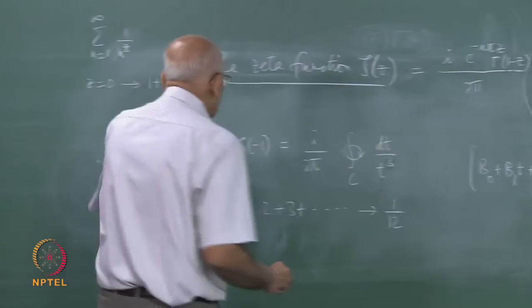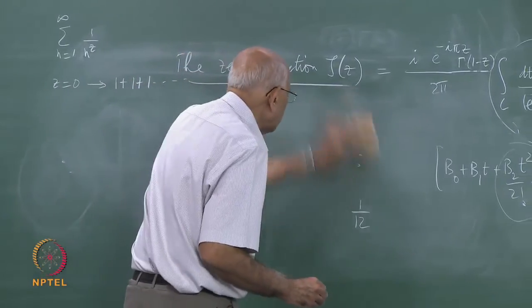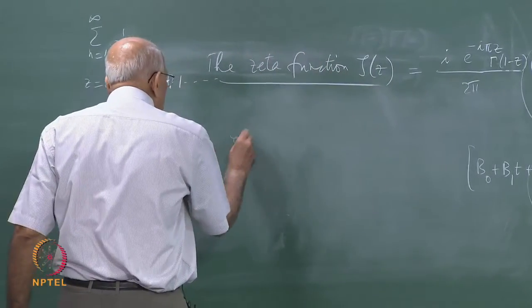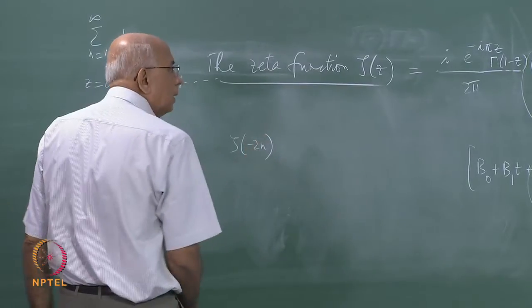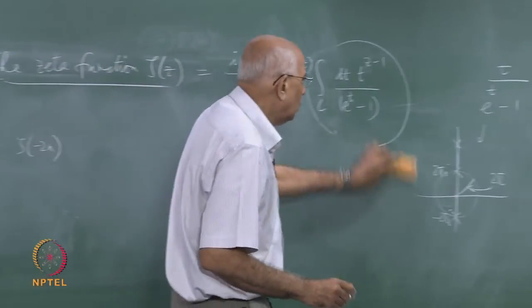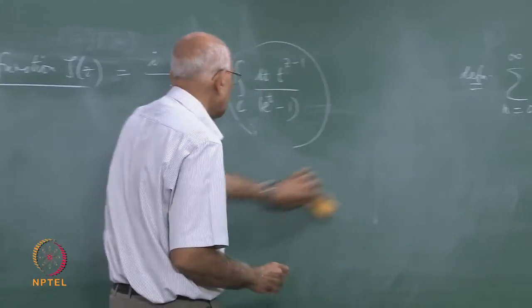So let us look at the zeta function, zeta of minus 2n, and again all we have to do is to substitute this formula here.